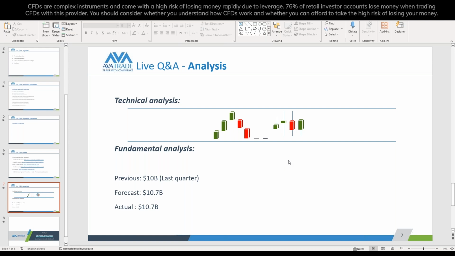Any idea, guys? Okay, Tim, you're saying that the green one ended higher. What do you mean by the green one ended higher? Very good.